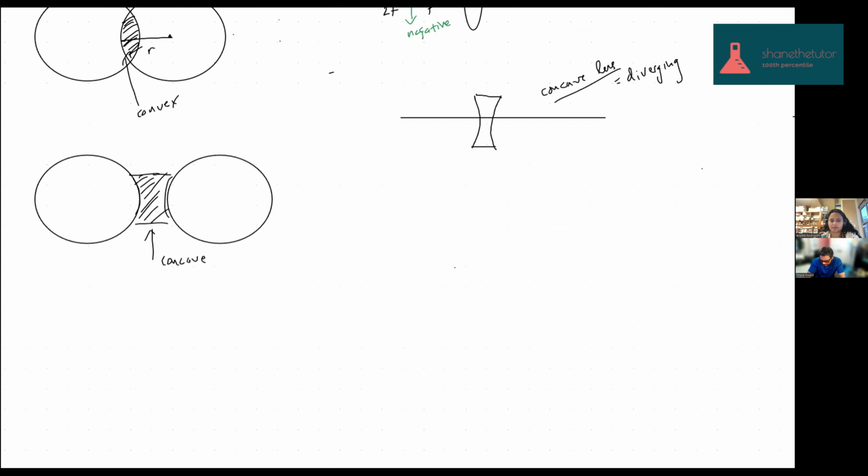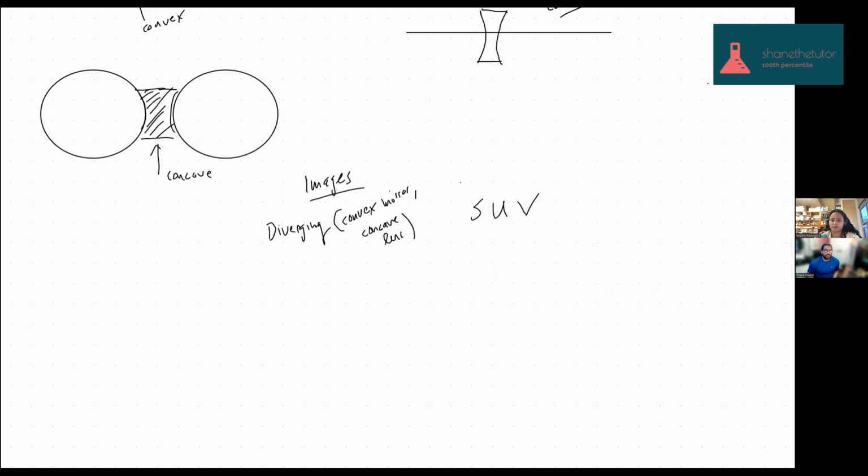Now, how can you tell if something is a real image or a virtual image? Whether it's upright or inverted. Well, aside from that, I guess. Like what in actuality in real life?